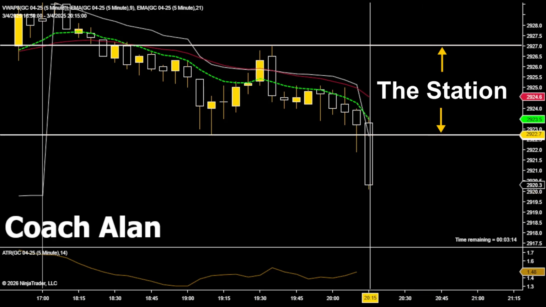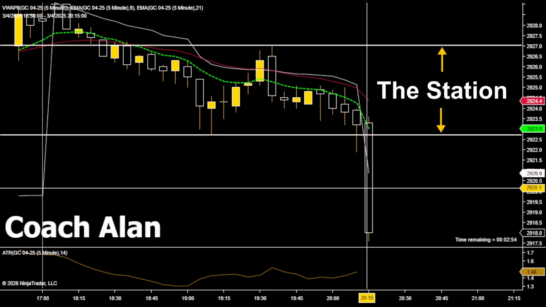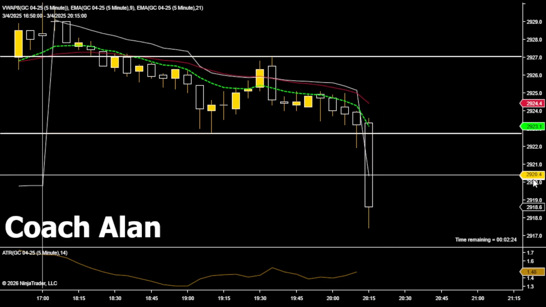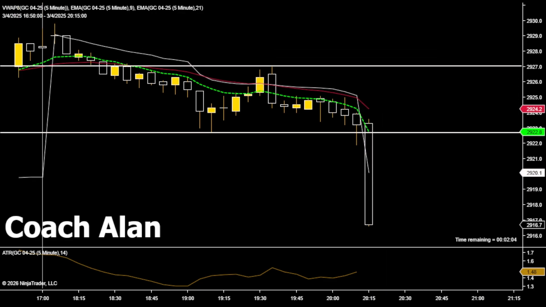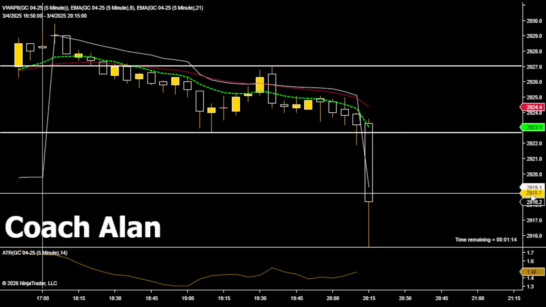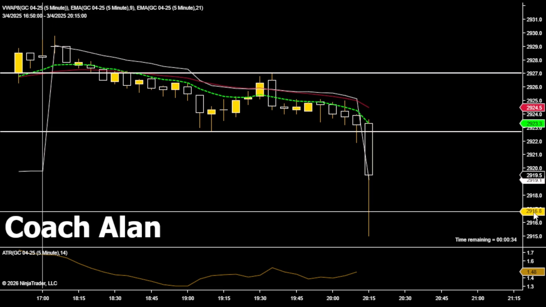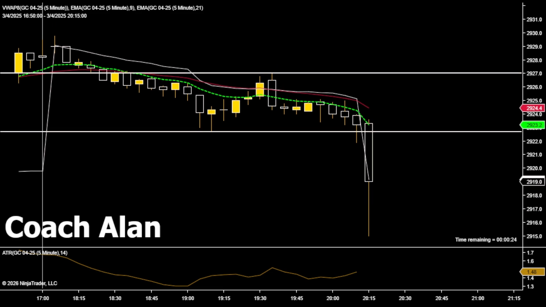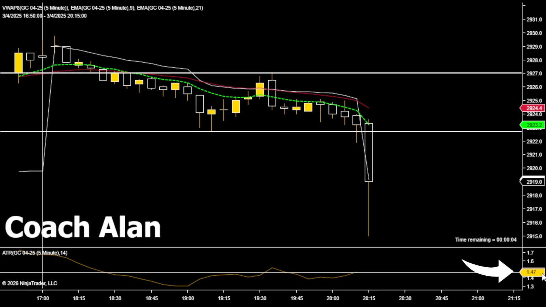We got a break outside of the station, but we don't have a close yet. One more thing for me to point out: look at the ATR, 1.48, which is really 14.